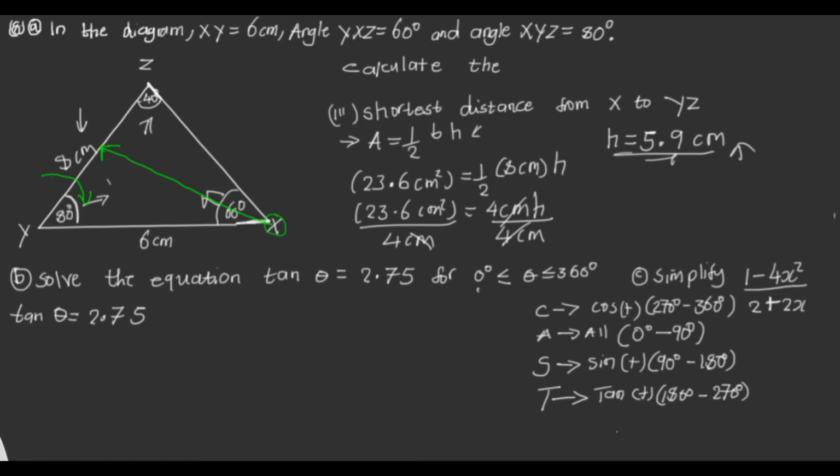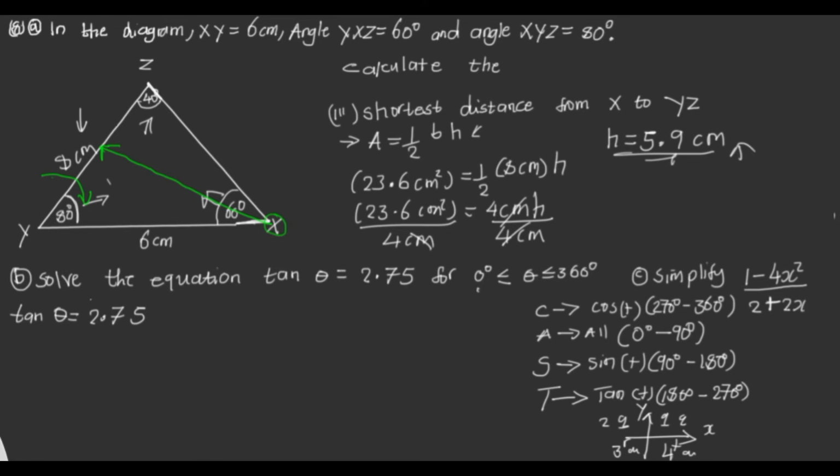So these are what we call the quadrants, or they can also be denoted on the XY plane. We have our Y, our X. This is our first quadrant, this is our second quadrant, this is our third quadrant, and we have our fourth quadrant here. So now we can go back to our question.